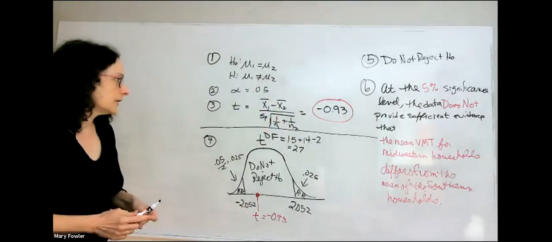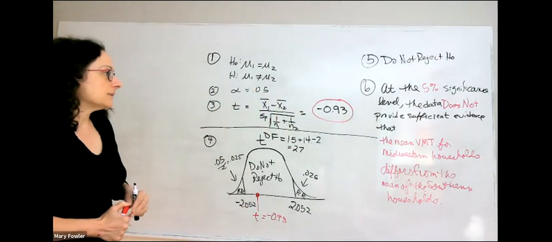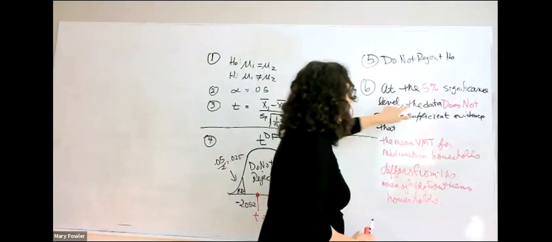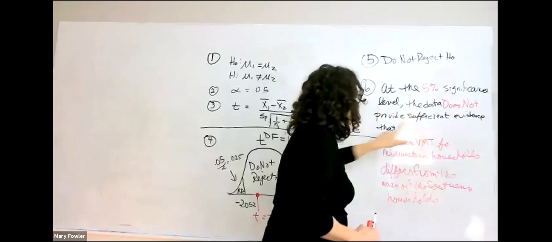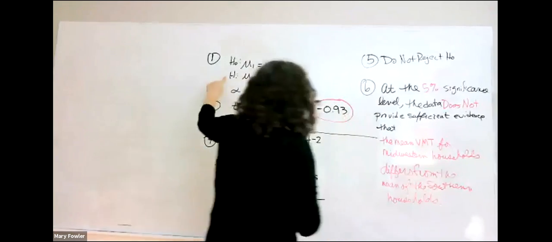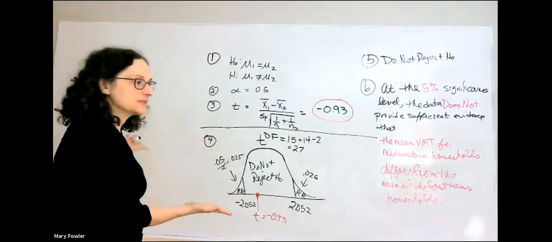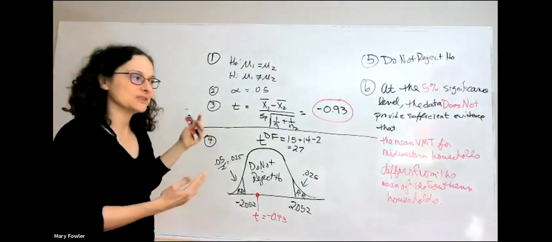Okay. So very similar, right? The interpretation at the alpha significance level, the data either does or does not provide sufficient evidence that the alternative hypothesis is true. All right. Our 6-step hypothesis testing procedure.